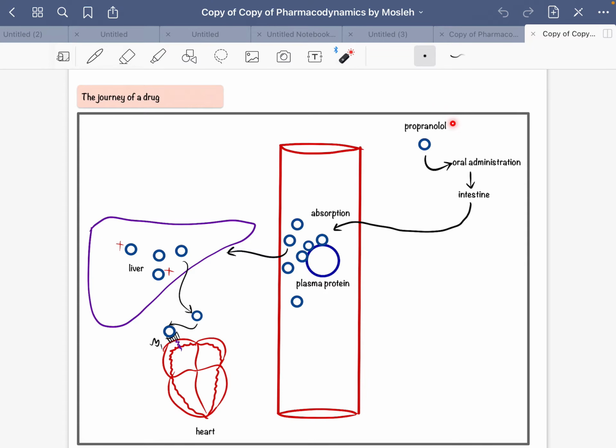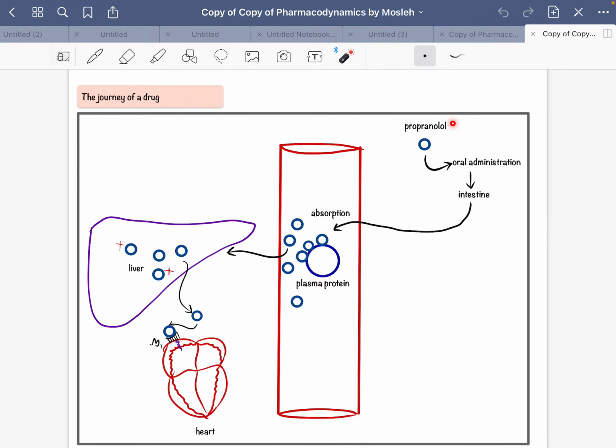Suppose a patient comes to you and complains that he or she is suffering from tachycardia or palpitations. You decide that you will prescribe the drug propranolol for treating the palpitation. So you have prescribed the drug. Now the patient has gone home and took the propranolol.